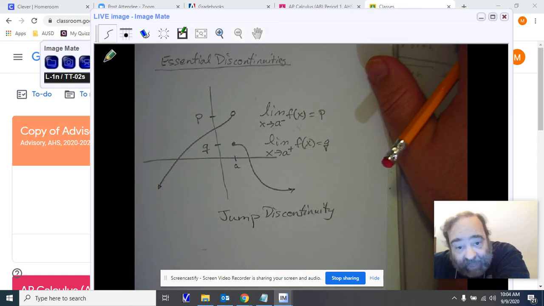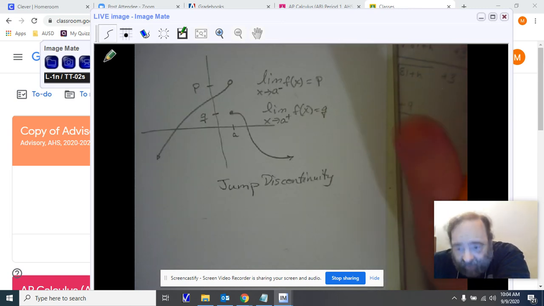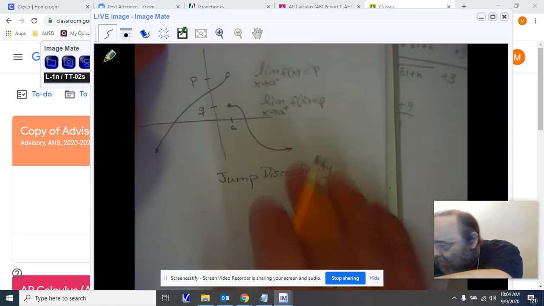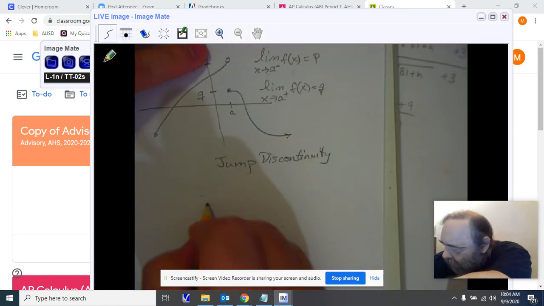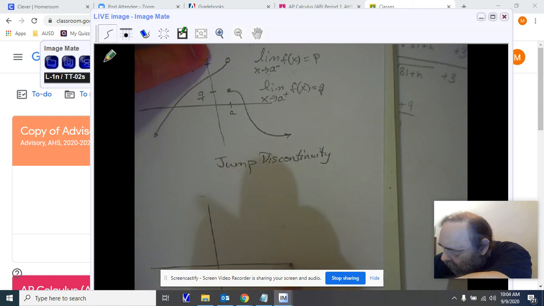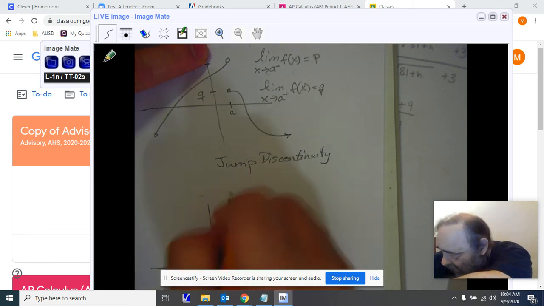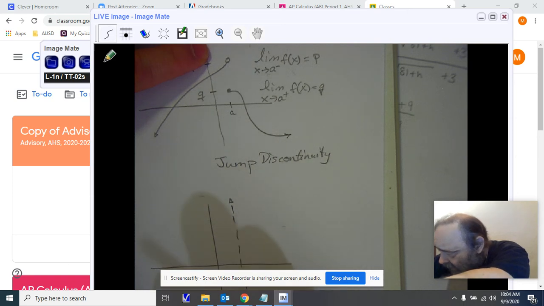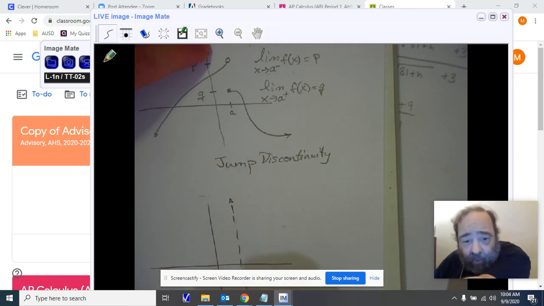Now, if we keep that in mind, the obvious other discontinuity is at an asymptote. I'm going to go ahead and I'm going to put my discontinuity here at a again, and identify it as x cannot equal a.